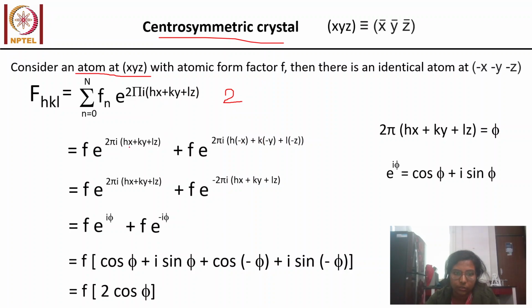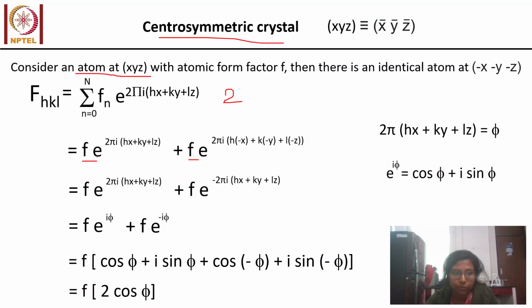So here you can see, if we split this into 2, here f_n means the atomic form factors of the different atoms, but because it is centrosymmetric, the atom at position xyz is identical to the atom at position x bar, y bar, z bar. Hence this f and this f will be the same. It is like f1 is equal to f2. So these 2 f will be the same.